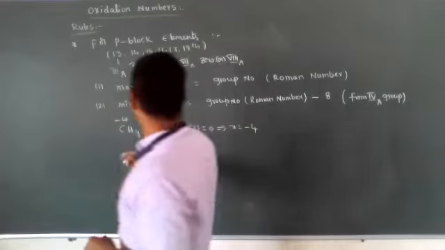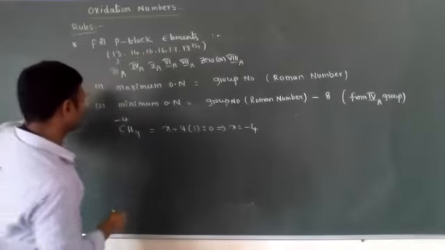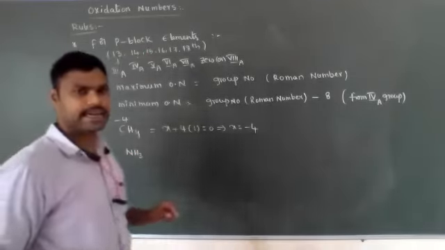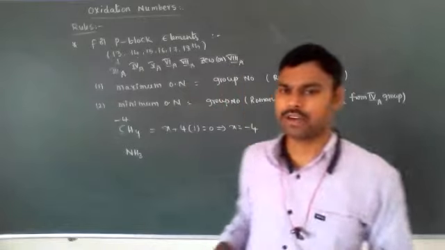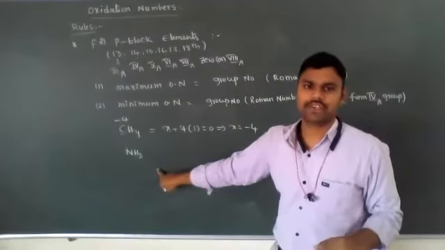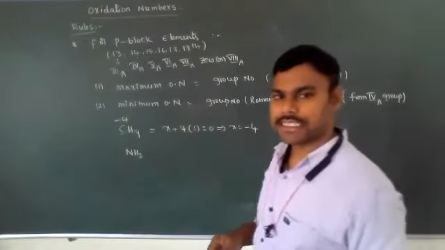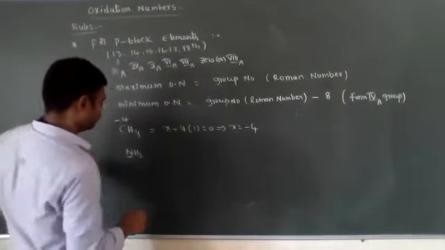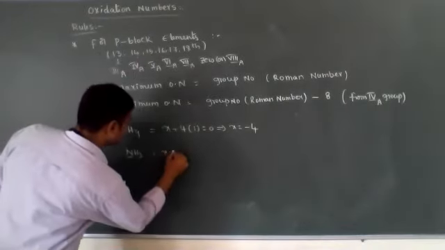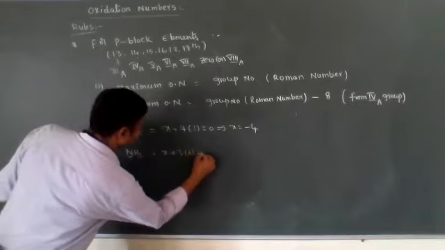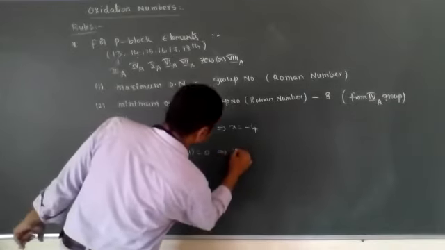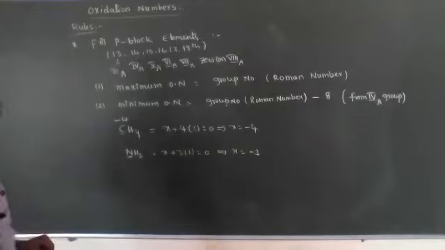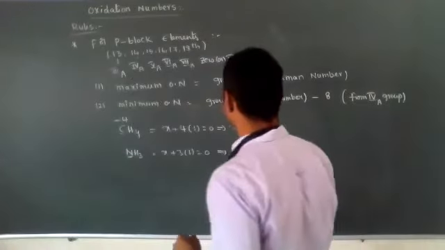Next, 15th group elements: nitrogen, phosphorus, arsenic, antimony and bismuth. The minimum oxidation state is minus 3. How are we getting that? In NH3, let it be X; X plus 3 into 1 is equal to 0, then X is equal to minus 3.